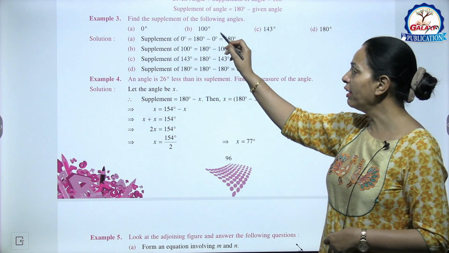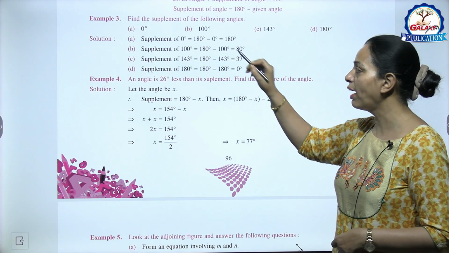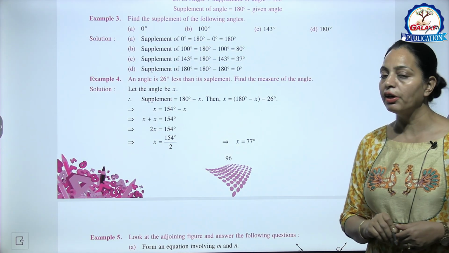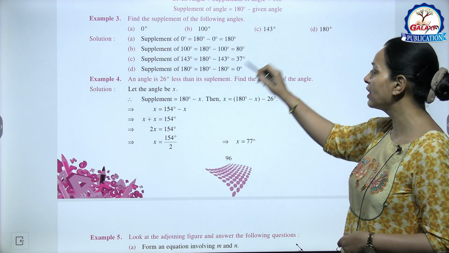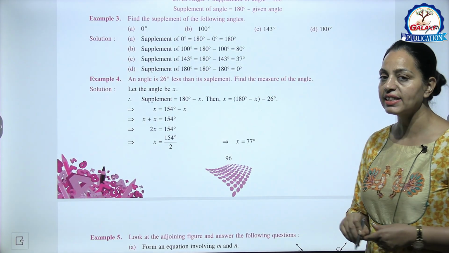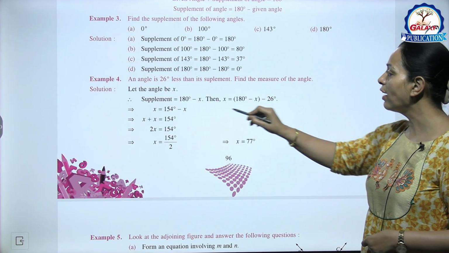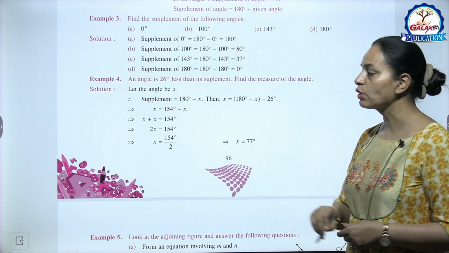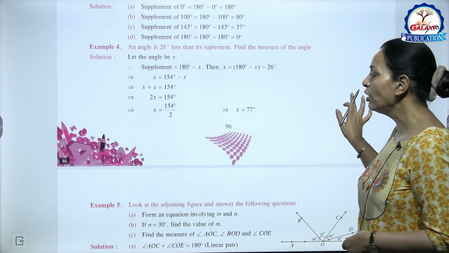B part 100 degree, its supplement 180 minus 100, that is 80 degree. C part 143 degree, its supplement is 180 minus 143, that is 37 degree. And D part 180 degree, its supplement is 180 minus 180, that is 0 degree.